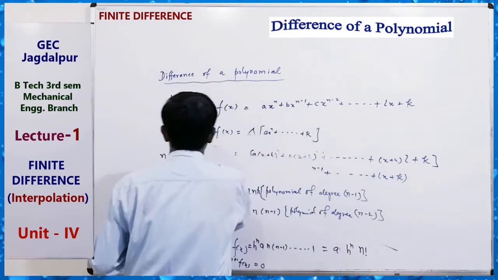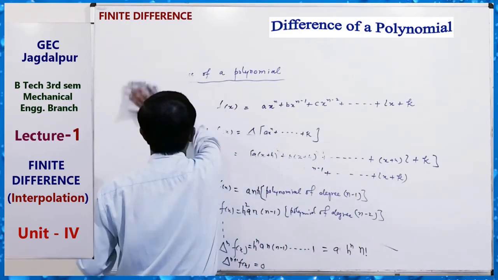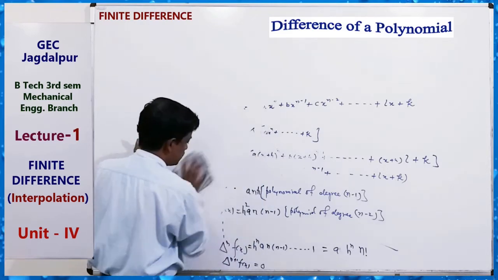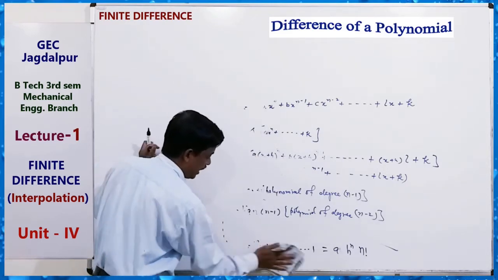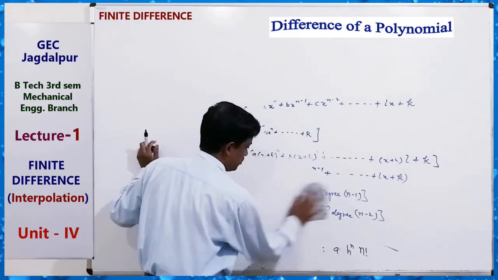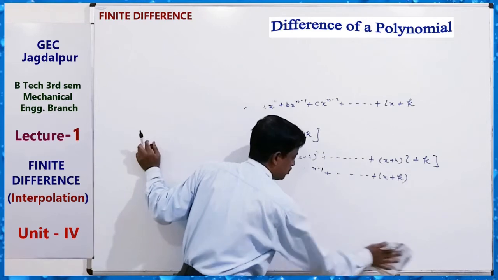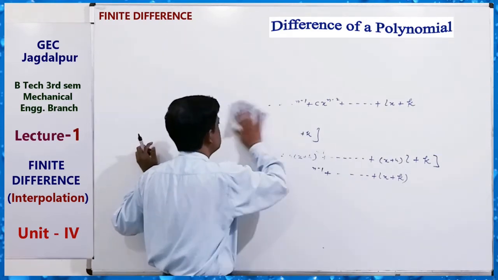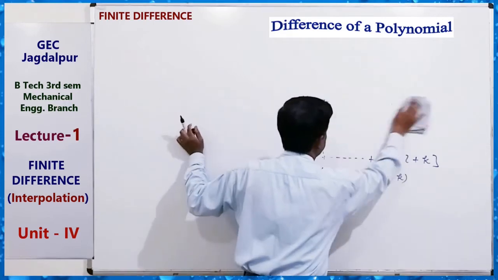So this is the difference of a polynomial. Okay, the nth difference of a polynomial of nth degree is constant, and higher order differences are 0. Clear?